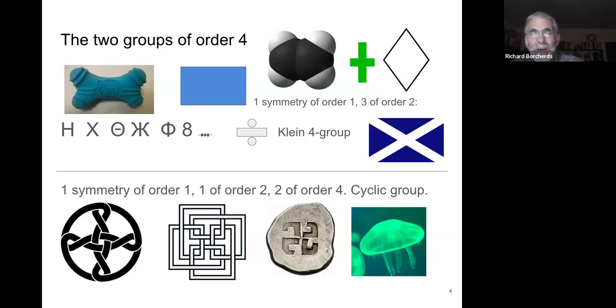So there's a symmetry of order 4, whereas the objects at the top don't have a symmetry of order 4. So for a given order, there can be more than one sort of group with that number of symmetries.